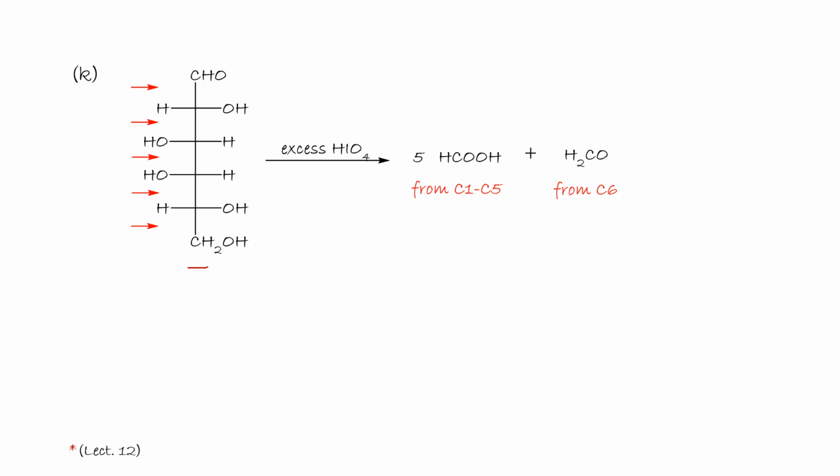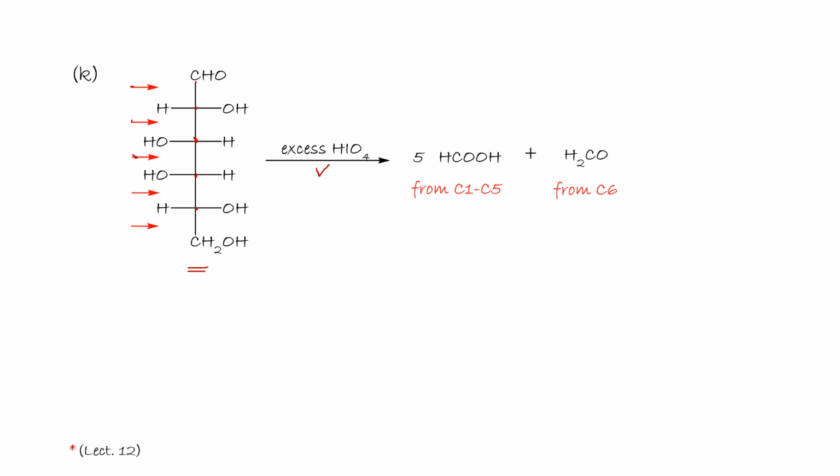Finally, when we react the D-galactose with excess periodic acid, we oxidize on this carbon-carbon bond, between the OHs. So we consume 1, 2, 3, 4, 5 periodic acid per each molecule of the D-galactose.